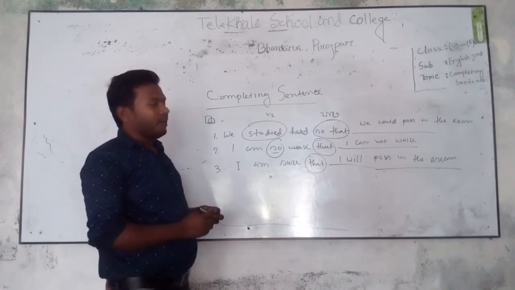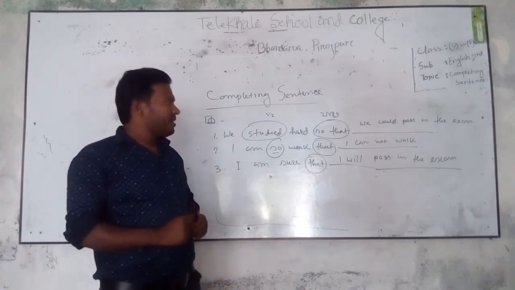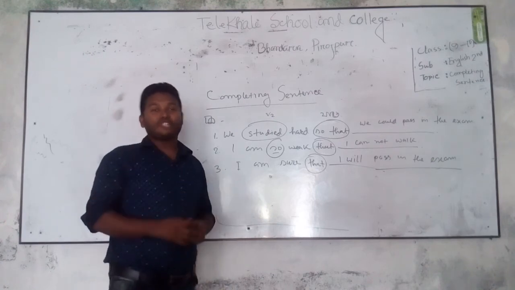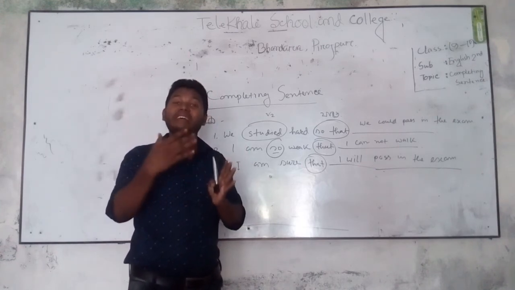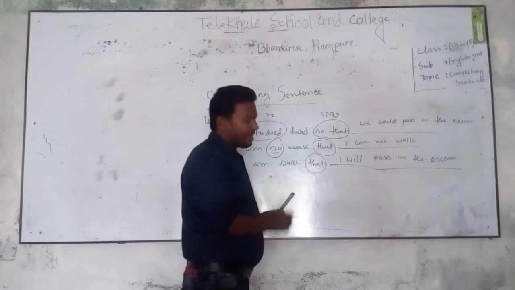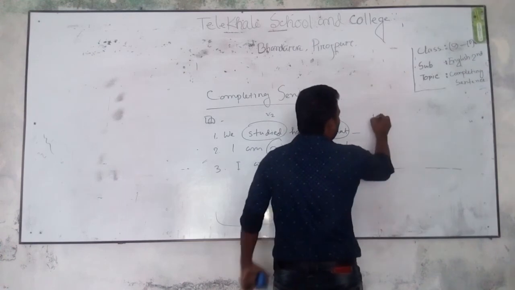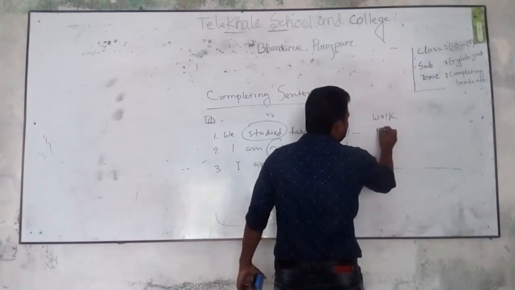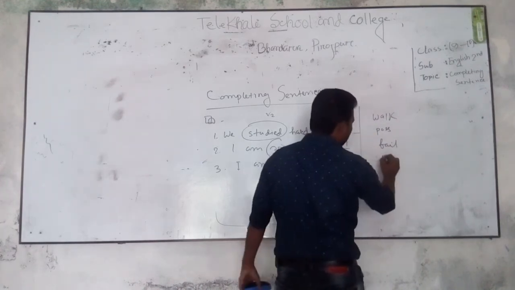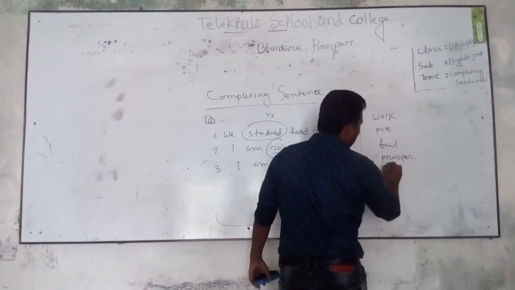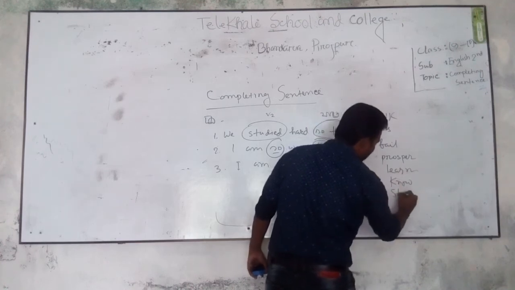So students, if you want to complete your sentence, you must know some finite verbs. Some finite verbs are most important because you can complete sentences by learning them, such as walk, pass, fail, prosper, learn, know, shine.